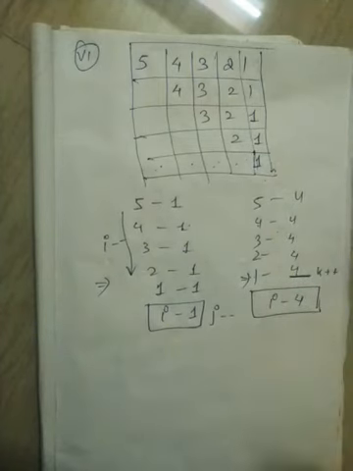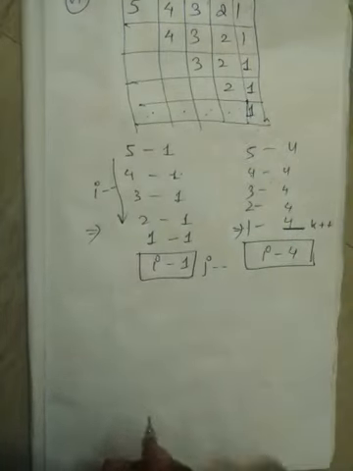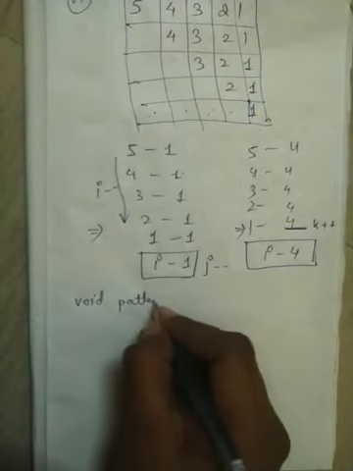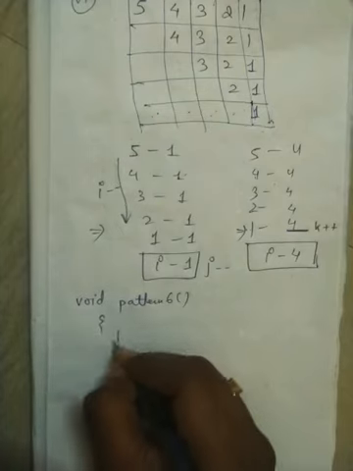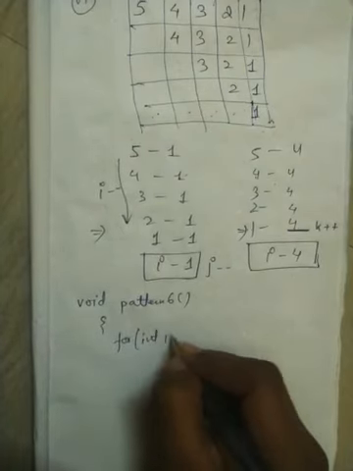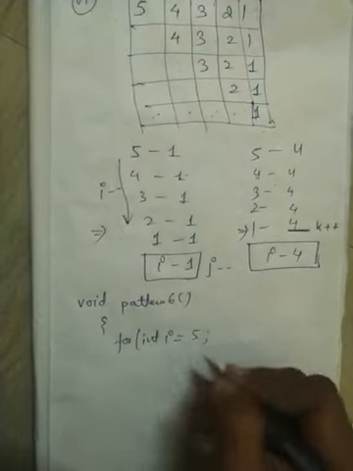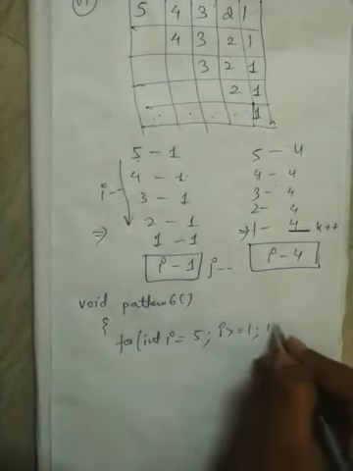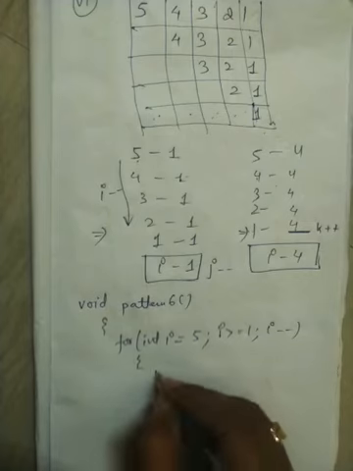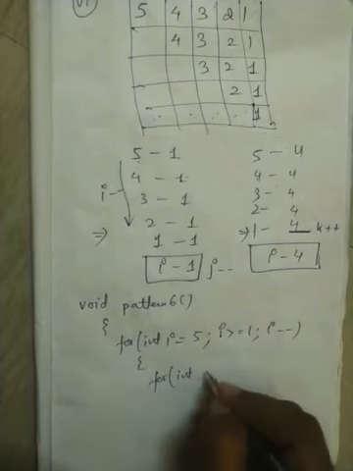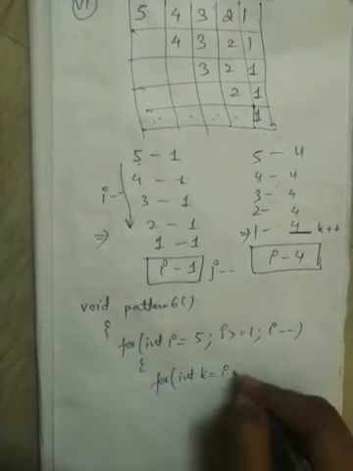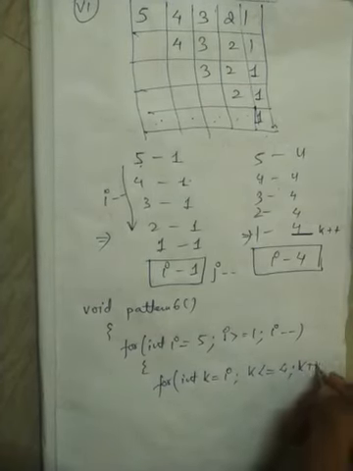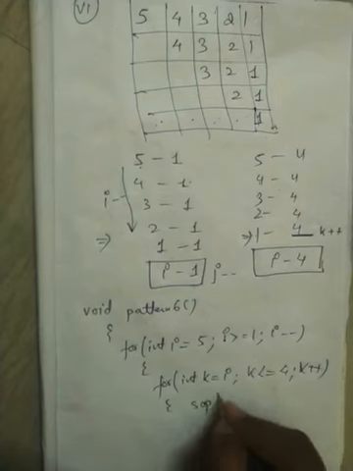Okay, with these things we'll make the loop. Void pattern 6: for int I equals 5, I greater than or equal to 1 and I minus minus; for int K equals I, K less than or equal to 4 and K plus plus, SOP space.